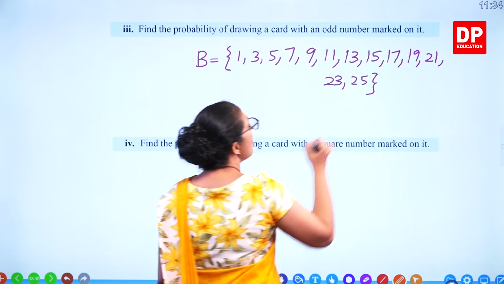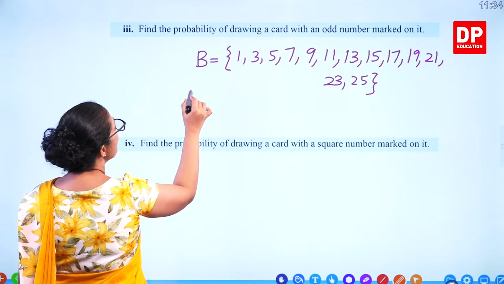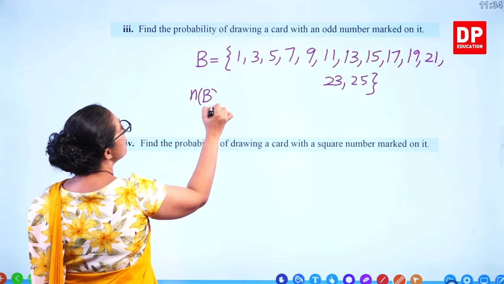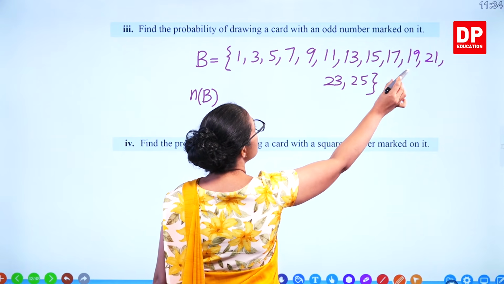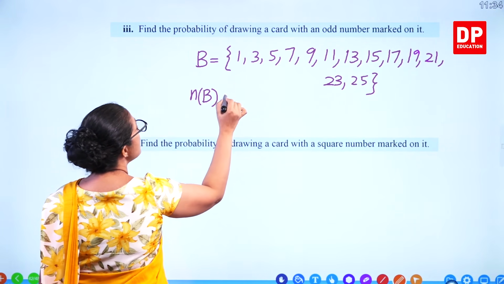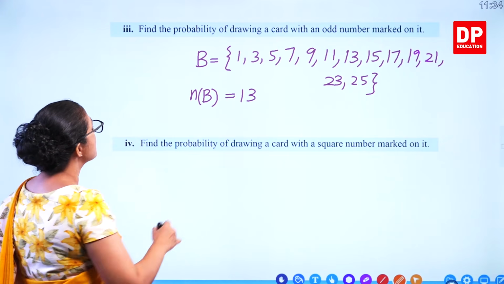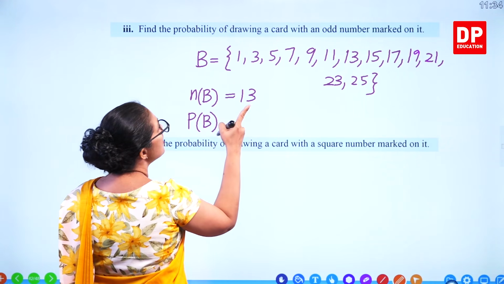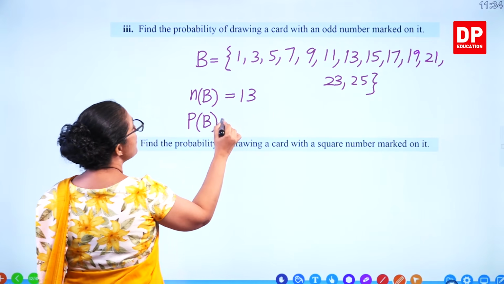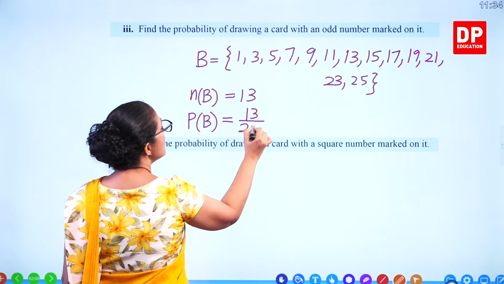Those are odd numbers. How many cards are there? 1, 2, 3, 4, 5, 6, 7, 8, 9, 10, 11, 12, 13. 13 possibilities are there. So what's the probability of getting an odd number? 13 over 25.